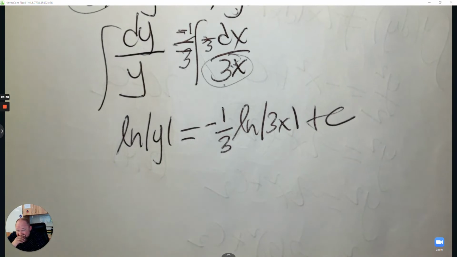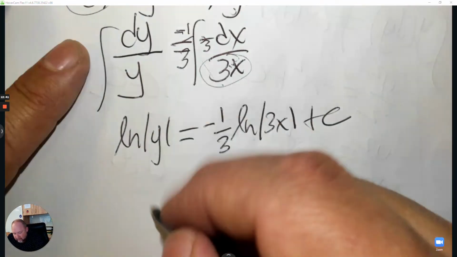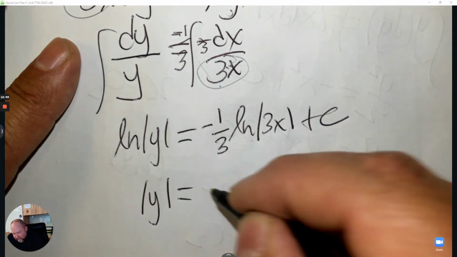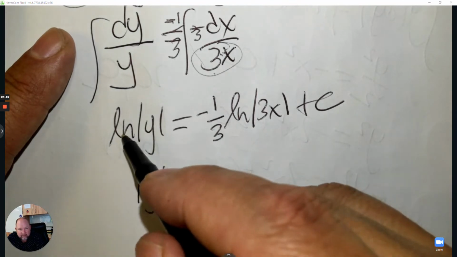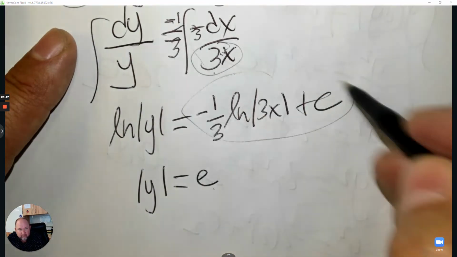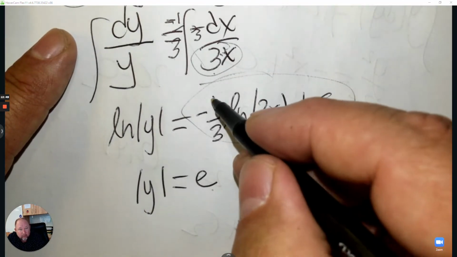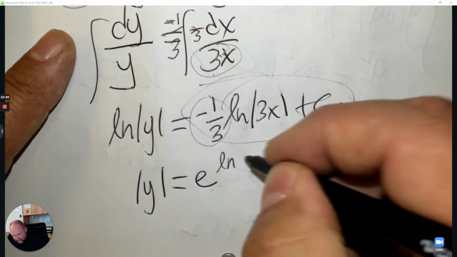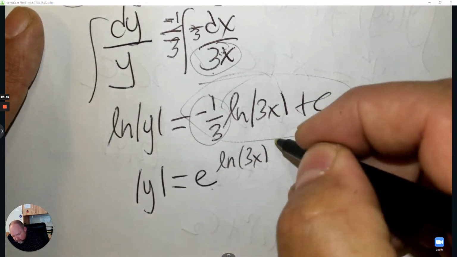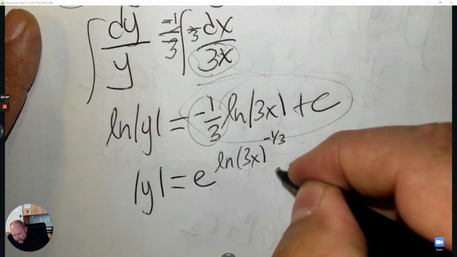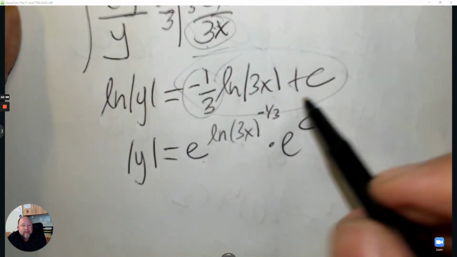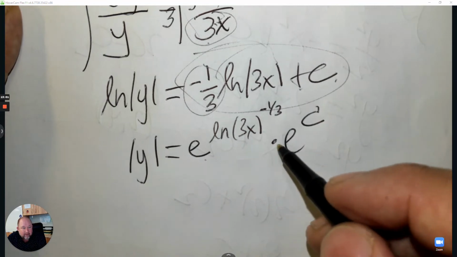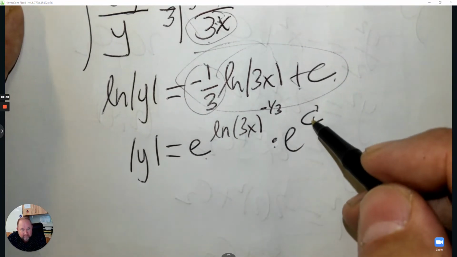I'm going to write this exponentially. So we have y equals e, because that's the base for the ln, and then all this goes in the numerator. Now, I know a property of logarithm, that becomes the exponent. And instead of plus c, I'm going to write it as times e to the c.